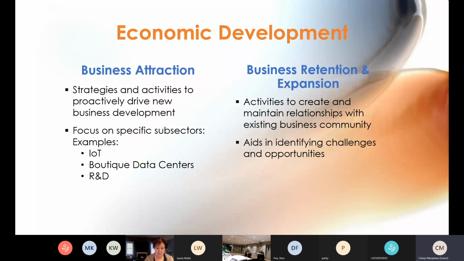A lot of communities choose to target certain subsectors. We talked in our sessions about the Internet of Things, which is what IoT stands for. So anything to do with the Internet, whether it's, for instance, what Marshall County Economic Development Corporation did with the knowledge-based sector, would fall under the Internet of Things, if you will.